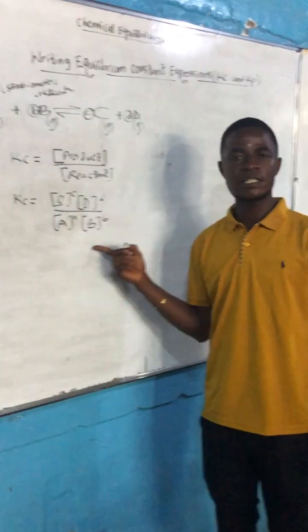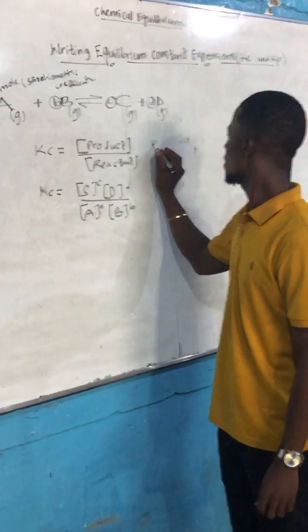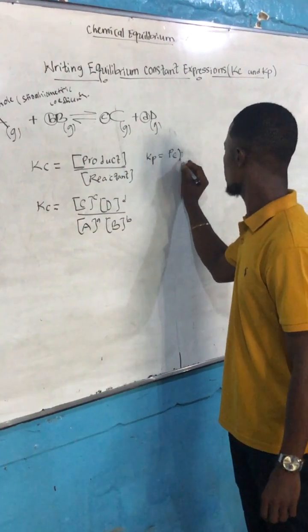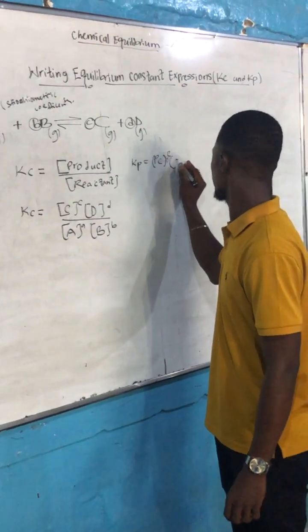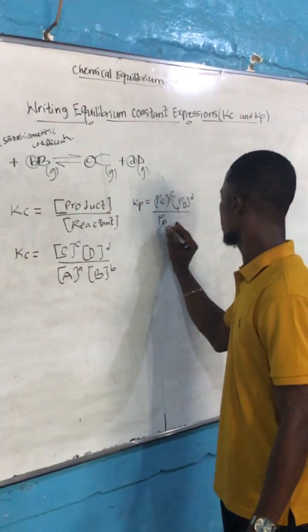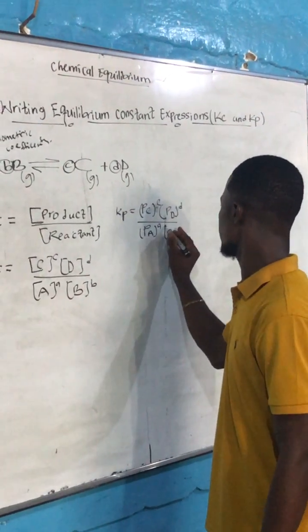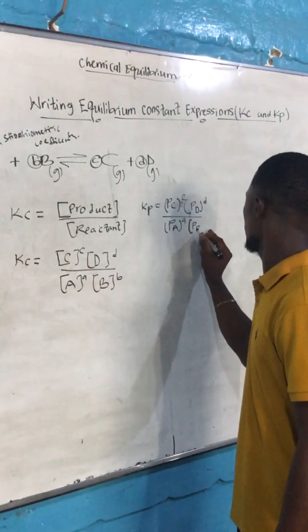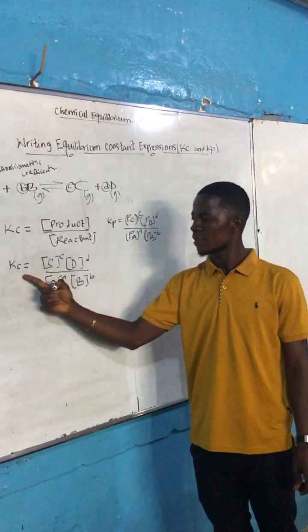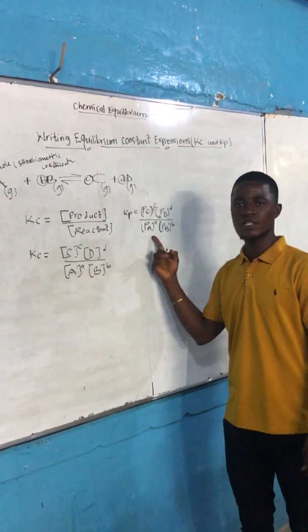If you are writing in terms of Kp, Kp will be equal to the partial pressure of C raised to the power small c, times the partial pressure of D raised to the power small d, over the partial pressure of A raised to the power small a, times the partial pressure of B raised to the power small b. So this is the Kc expression, and this is the Kp expression.